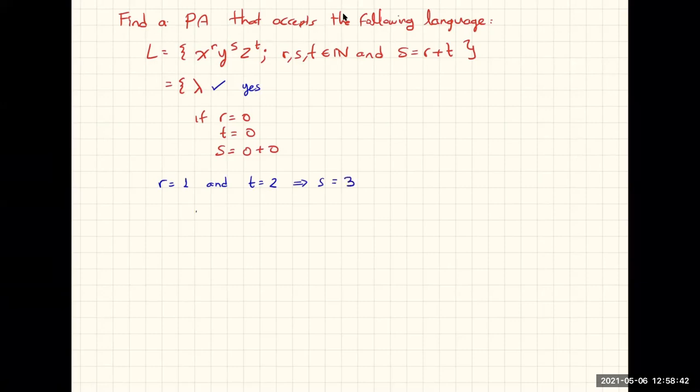Then this string X, Y, Y, Y, Z, Z is included in this language. If we change something so that it doesn't add up, then the string is not in this language. For example, X, Y, Y, Z, Z is not in the language. X, Y, Z is not in the language.